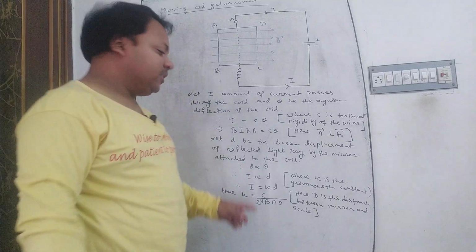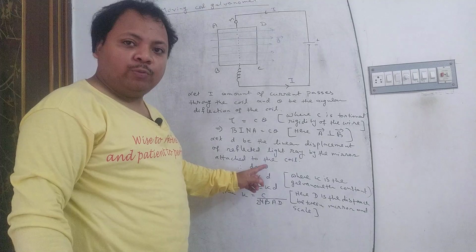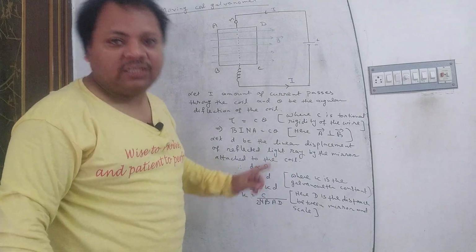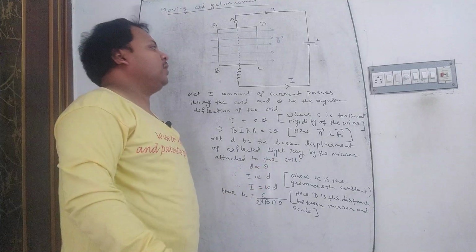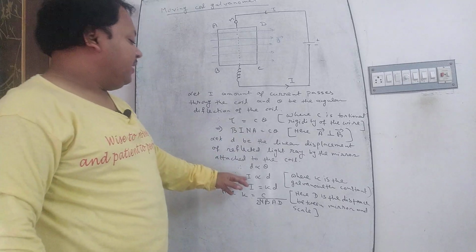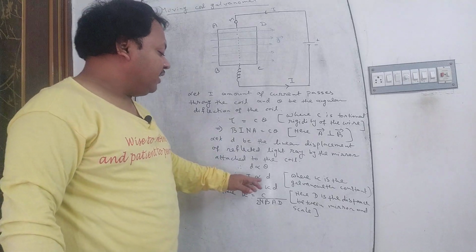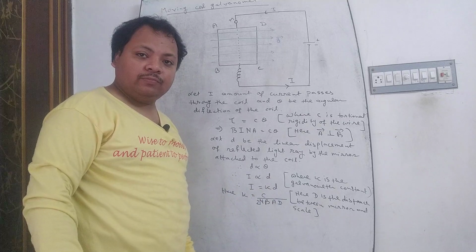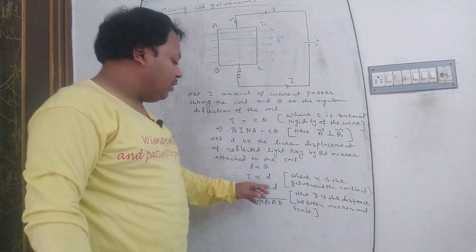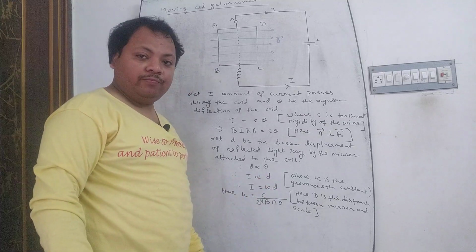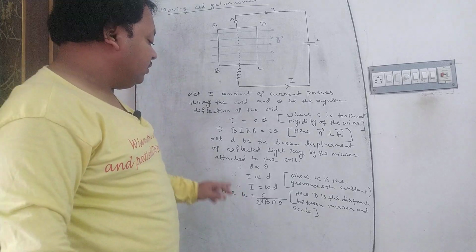You know that small d is proportional to theta. That's why we can write that I is directly proportional to small d. Therefore, I is equal to k into small d. Here k is a constant.